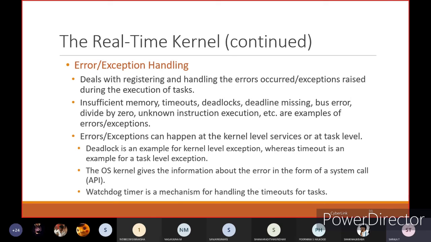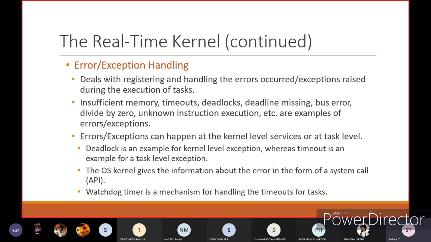If any unwanted thing happens, or if the memory we have used for the code or for the data is insufficient, that is an error. Timeout: as it is a real-time kernel, you should always be constrained related to time. Deadlocks and deadline missing.